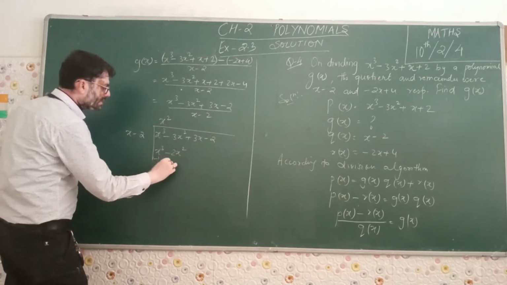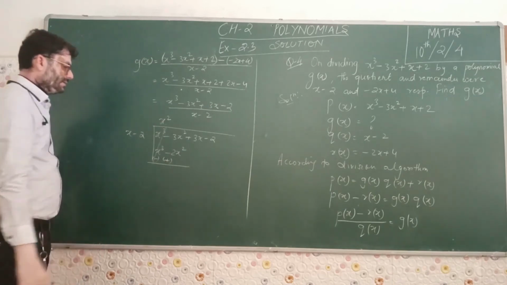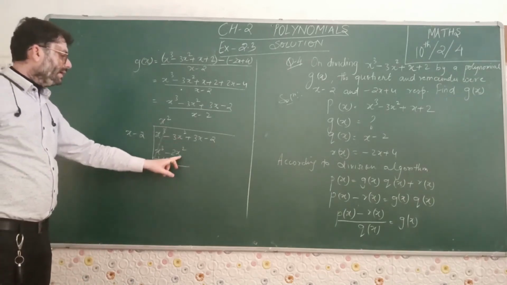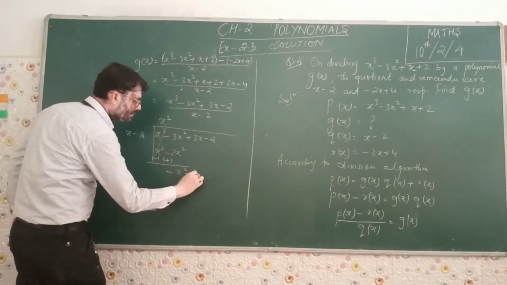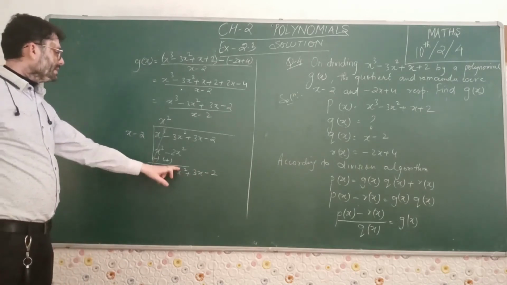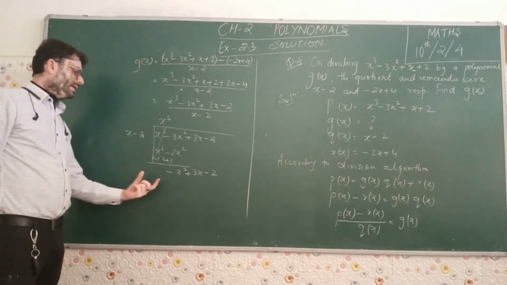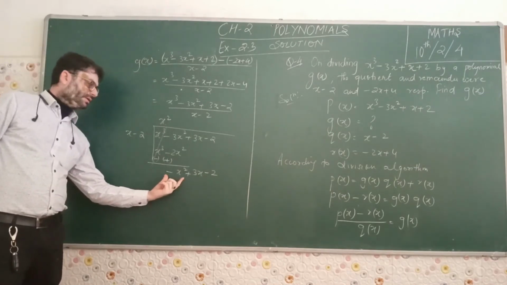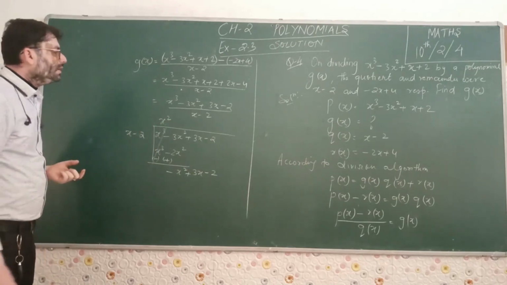Subtracting, the sign changes, the minus becomes plus and the plus becomes minus, and this is cancelled. Minus 3x square plus 2x square. So this is minus x square plus 3x minus 2. The degree of the remainder is greater than the degree of the divisor, so the division continues. Same way, the first term of the remainder will be divided by the first term of the divisor to get the first term of the quotient.